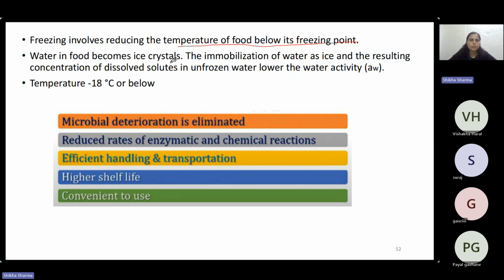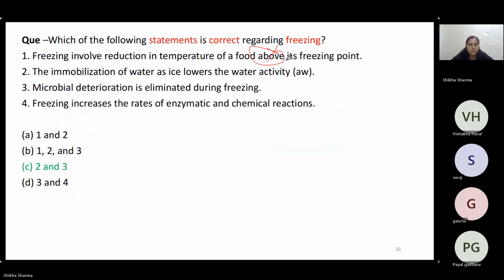Then water in the food first becomes crystals, and the immobilization of water as ice and the resulting concentration of dissolved solutes in unfrozen water lowers the water activity, and the temperature is usually minus 18 degrees or below. So the first is incorrect, and the immobilization of water as ice lowers the water activity, which is correct.